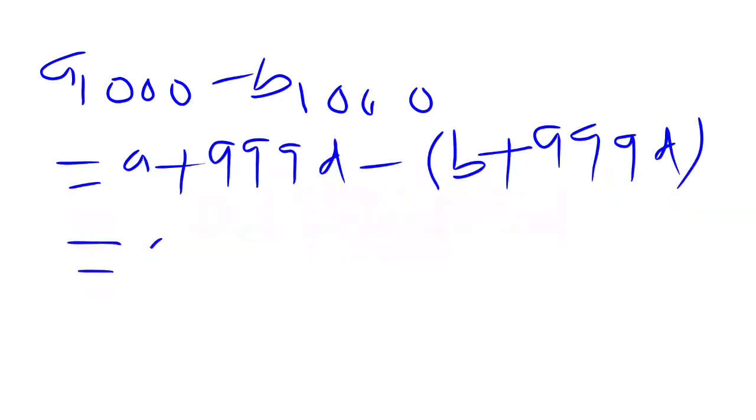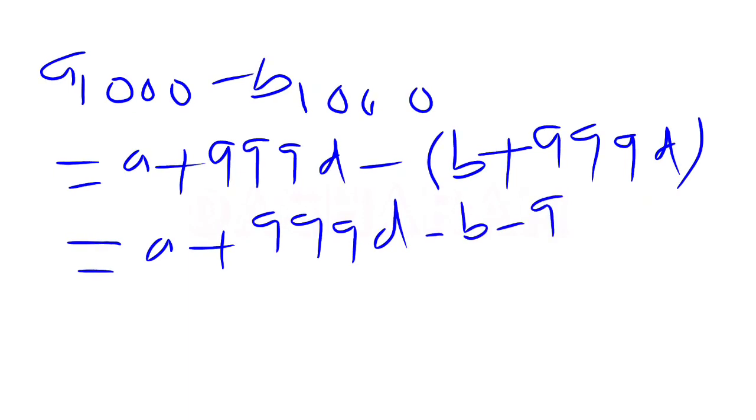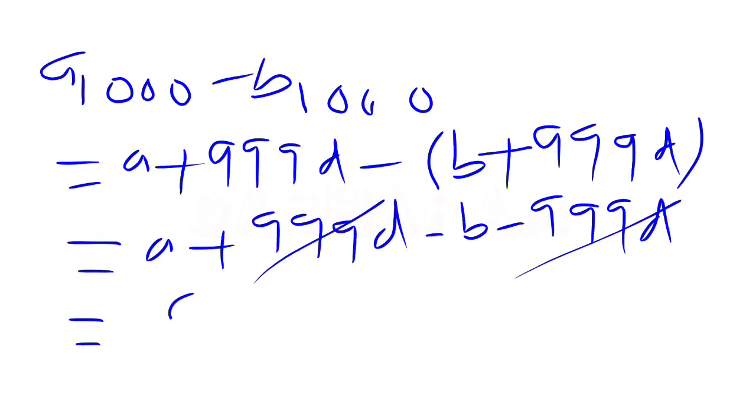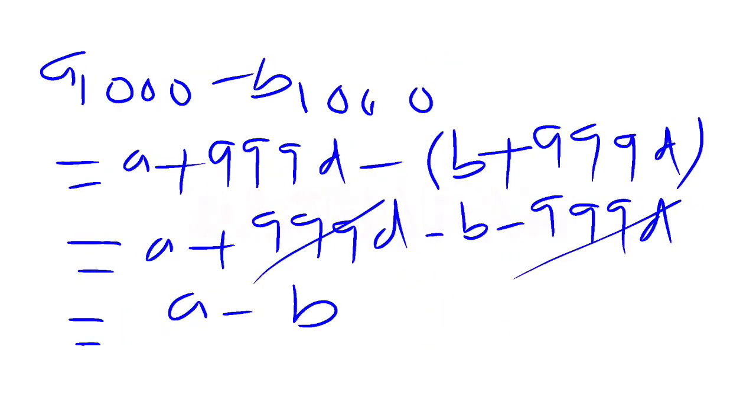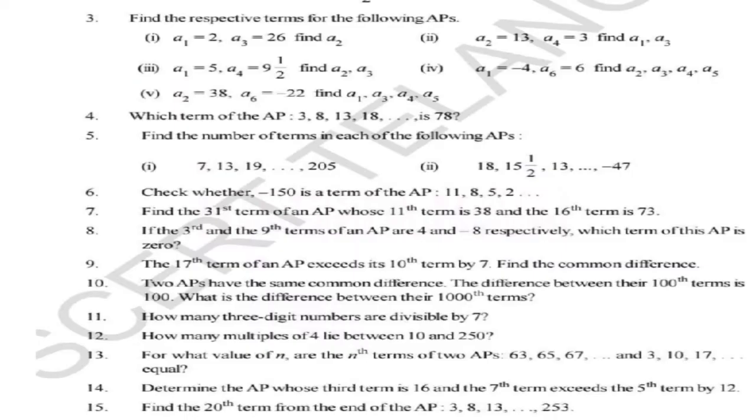So it equals a plus 999d minus, remove the bracket, minus b minus 999d. Is there any cancellation? Yes, plus 999d minus 999d are both cancelled. So then a minus b. But what is the a minus b value? 100. So the difference between the 1000th terms is also 100.